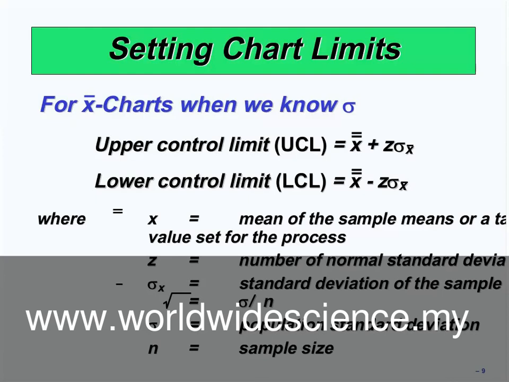So sigma X bar equals sigma divided by root of n. Sigma is 1 and n is 5. 1 divided by radical 5 gives you sigma X bar.